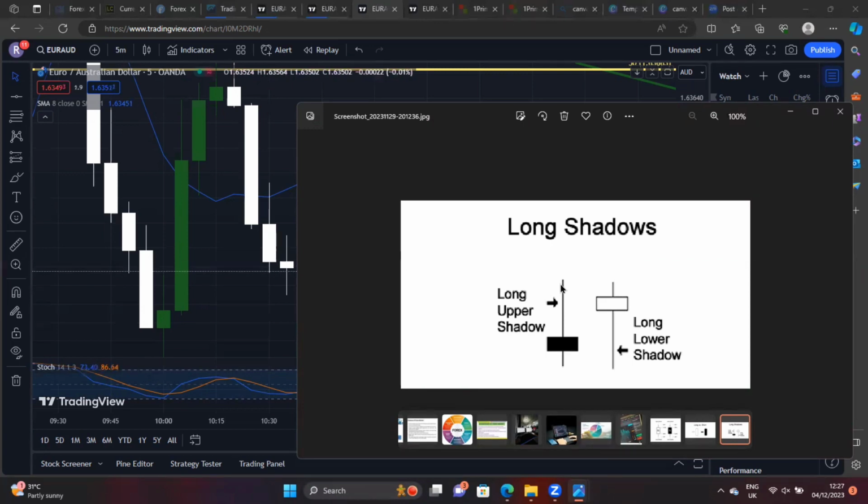Japanese candlesticks with short wicks indicate that most of the trading action was confined near the open and close. I want to explain something before I go deeply into wicks. Let me use a practical instance to explain this.